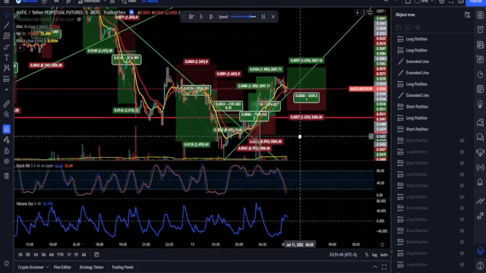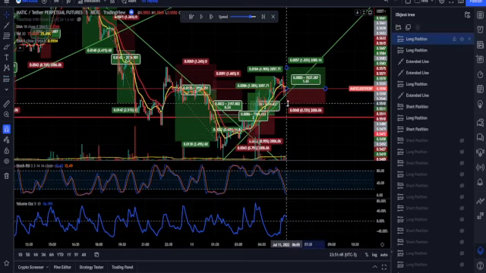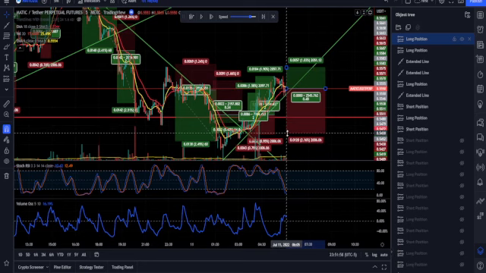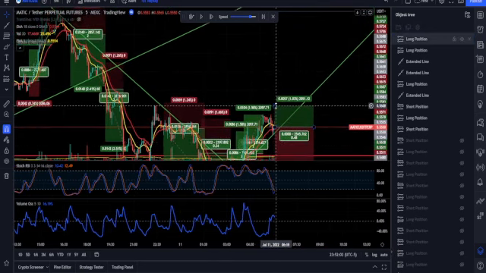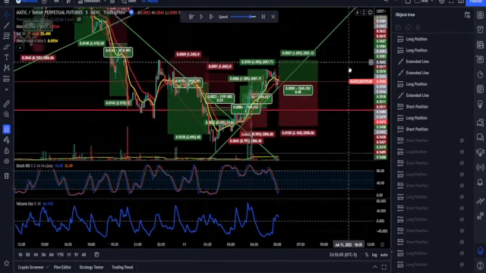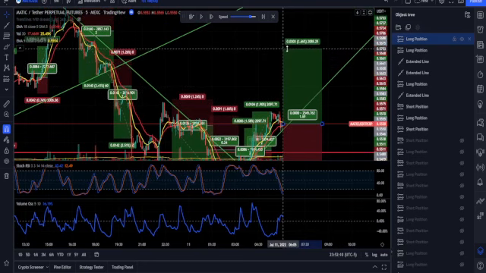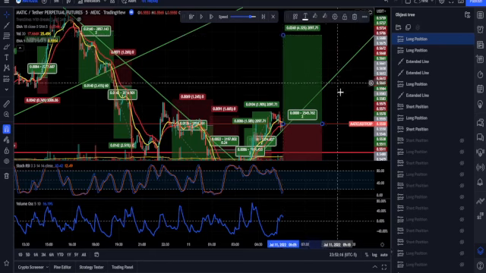Now there's a couple of options here, okay? You could put a stop loss right here, or you could put one right here, okay? Personally, I think I'm going to put it down there, and I'm going to take a 2-to-1 risk reward here. There we go.